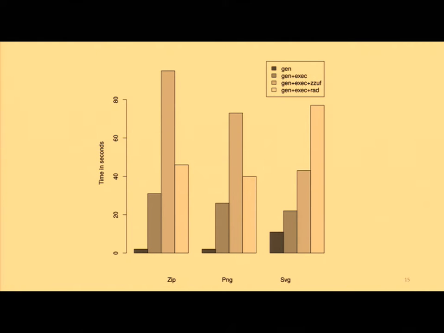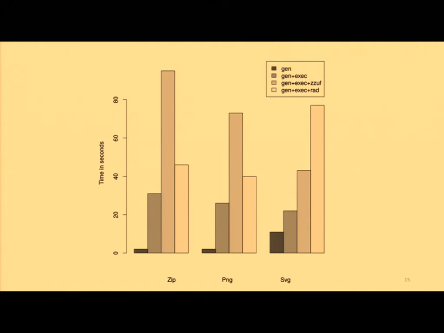And we see the bars to the left are the time that it takes to generate these things. And then the second bar is just generating and executing the program. So we can see here that there's not that much overhead in generation, except for SVG, there's significant overhead, but that's sort of to be expected, and our arbitrary instances are not very clever about it, so it makes sense that there's a lot of inefficiency there.